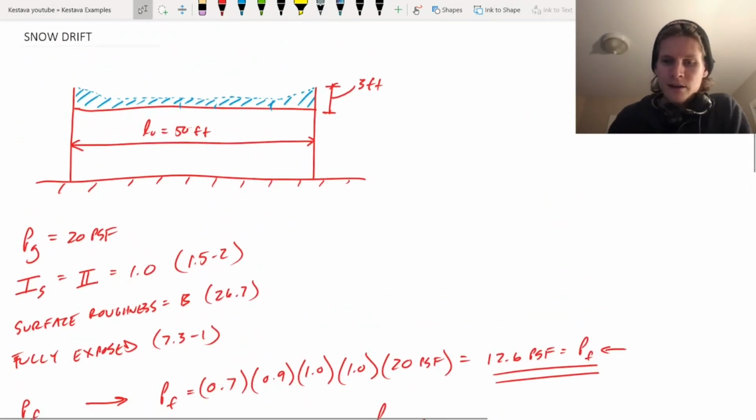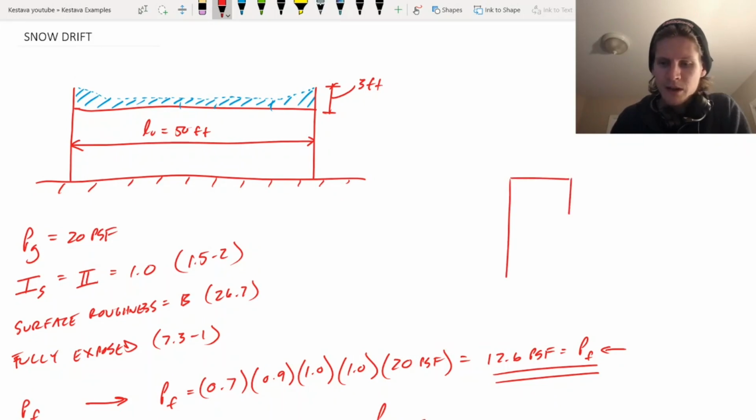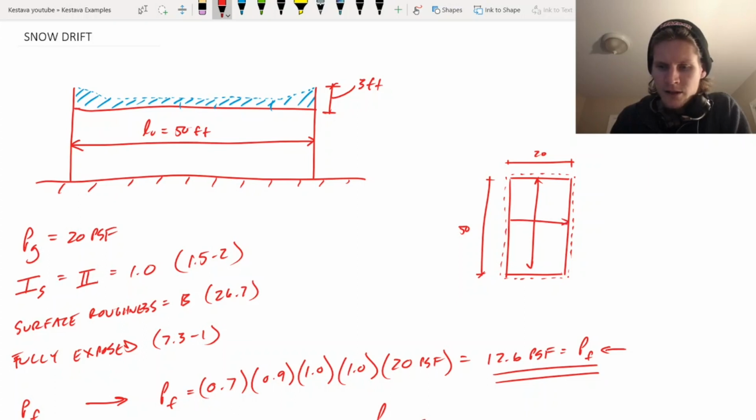And then, to not confuse anyone here, say you had, so we're looking in plan right now for our structure. And we have parapets, the dashed lines are going to be parapets. We have parapets on all four sides. So if this was 50 feet, but then right here was only 20 feet, your LU would change depending on the snow drift criteria that you're designing for in each direction.